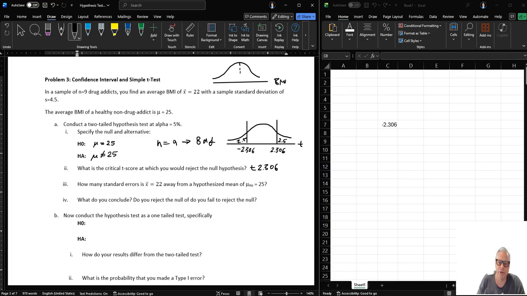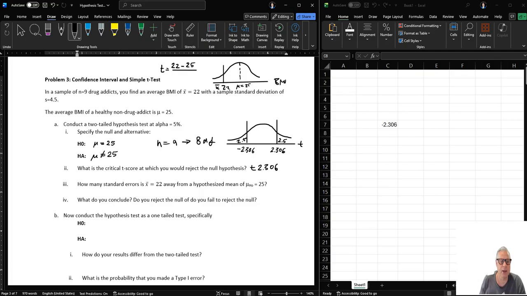We hypothesize that the true mean is 25, or we know it is 25, but we got a sample of 9 which averages out to 22. So the question is, how many t-scores is that away? Well, for this, we need to use the t-score formula, which is 22 minus 25 divided by the standard error.